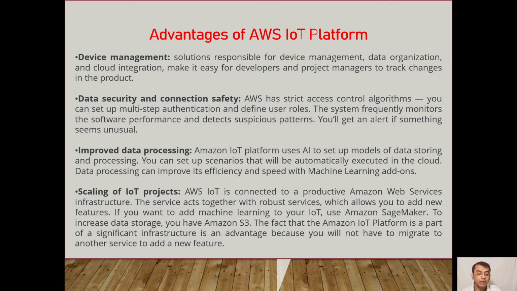The fact that the Amazon IoT platform is part of a significant infrastructure is an advantage because you will not have to migrate to another service to add a new feature. These are the advantages of the AWS IoT platform, and that is why it is different from other IoT platforms.